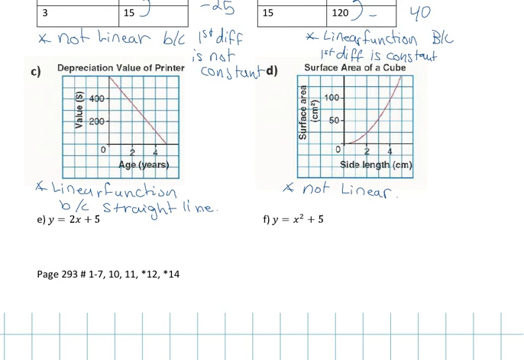Now we're going to look at the equation. What can you tell me about the first equation? It is a linear function, and how do we know that? Degree 1.